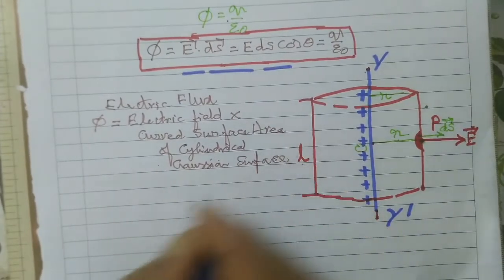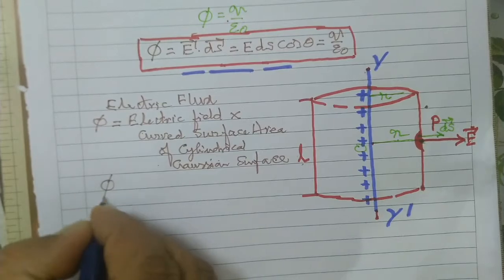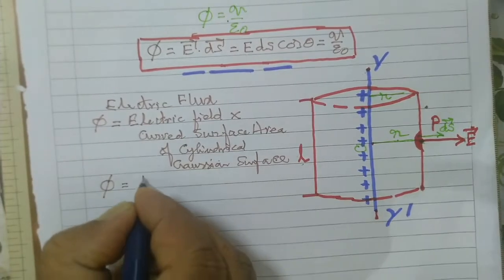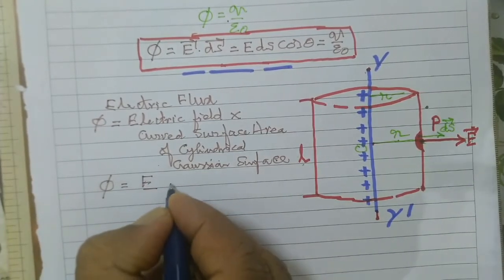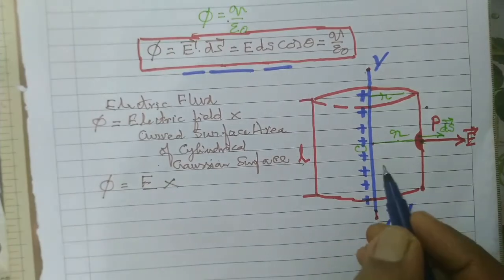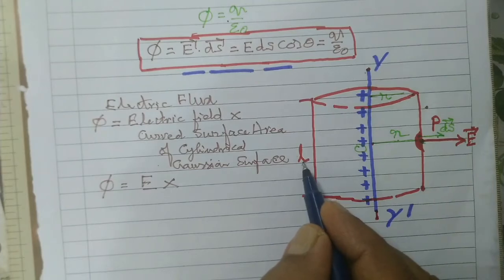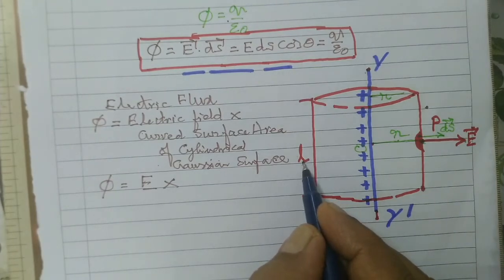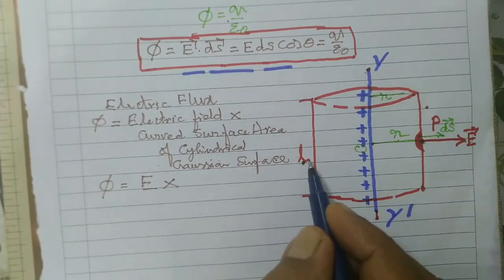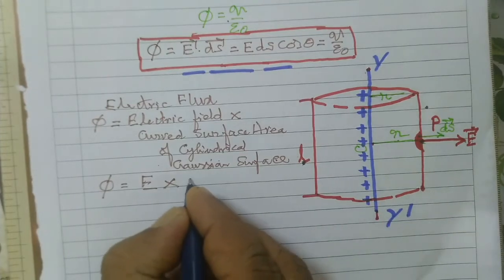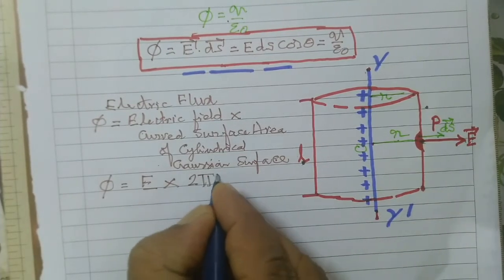So, in this cylindrical Gaussian surface, phi is equal to the electric field E times the curved surface. It is in the form of a cylinder, you see. Radius of the cylinder is R, length is L. You know very well the cylinder formula which you have learnt in the lower class is 2 pi RL. I am writing here 2 pi RL.